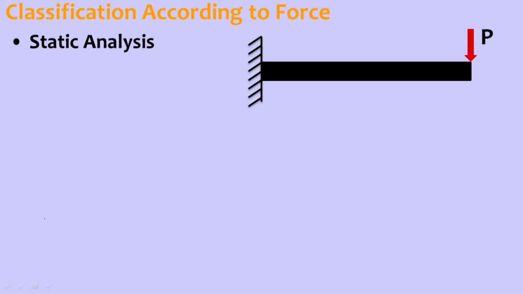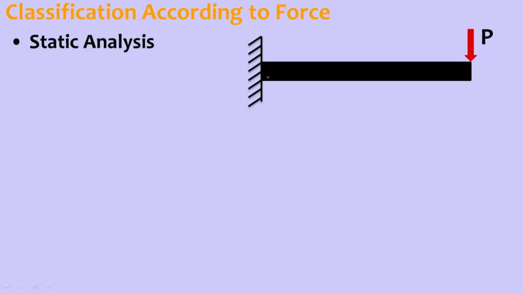Now, classification of analysis according to force. We have two kinds of analysis: static analysis and dynamic analysis. What is static analysis? You can see this example: there is a cantilever and force is acting at the tip of the cantilever. Because of the application of this force, the cantilever beam deflects.